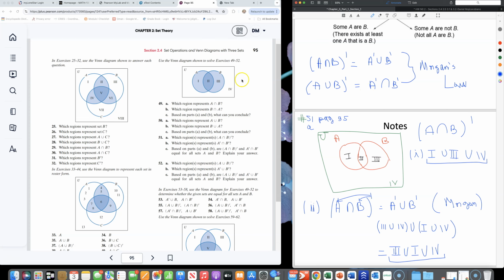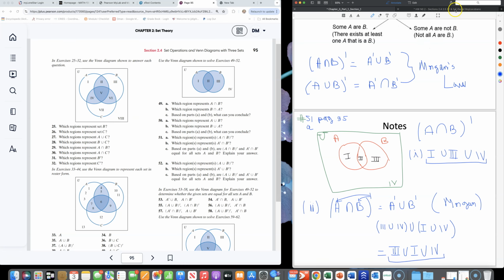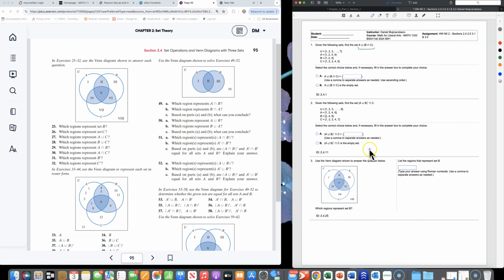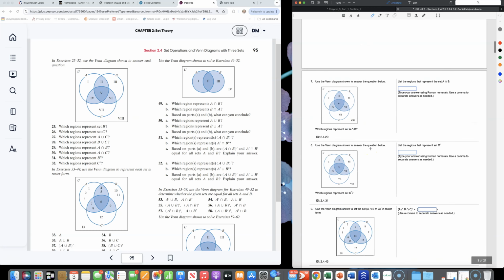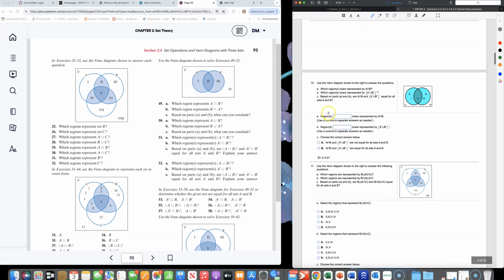So you may have exercises like this. Let me show you here. I remember that I saw a couple of exercises that have to do with this. Yes, for instance, from your homework, you have regions 1, 2, 3 coming from two sets, and then region number 4 that is part of the complement in the universal set.